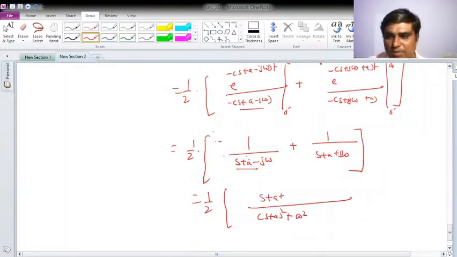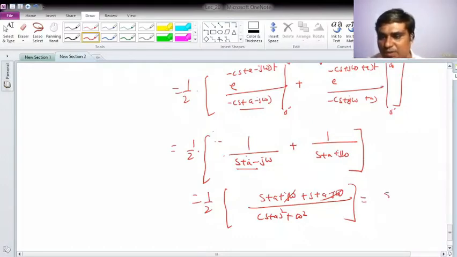In the numerator, s plus a plus j omega and plus s plus a minus j omega, so this term will vanish, so it will be 2 times s plus a, the 2 will get cancelled, so that's why it will be s plus a over s plus a square plus omega square.